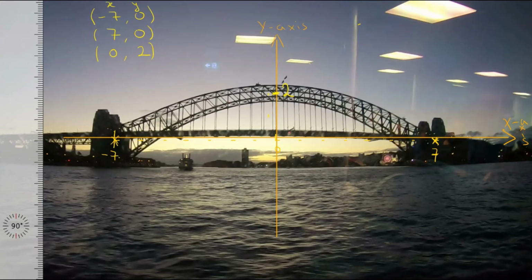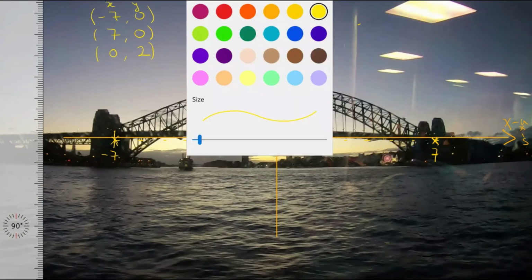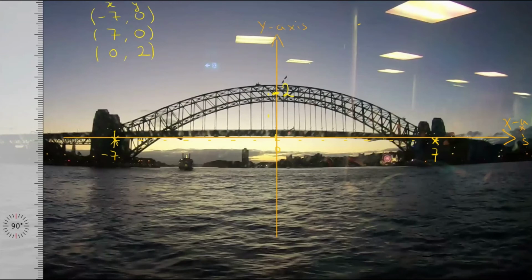So these 3 points are going to be very important when we go on to find appropriate models, appropriate equations, appropriate functions that will represent this bridge. The way that it should look is a curve called a quadratic equation. It will be starting here.